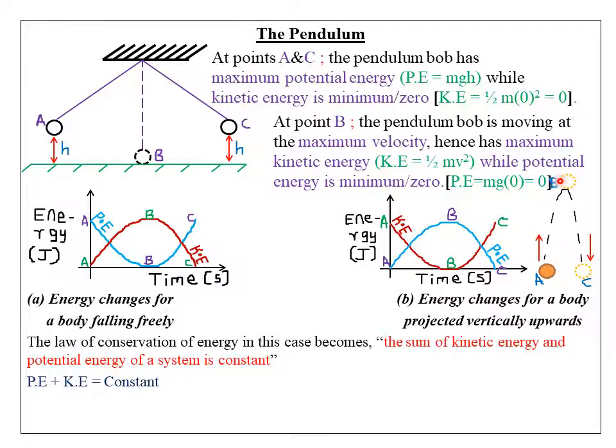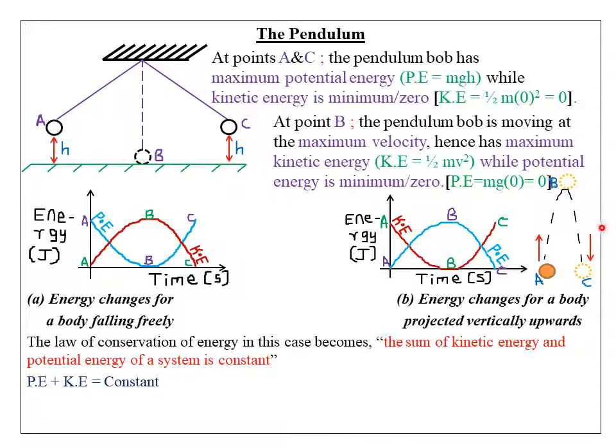However, when the body gets to point B, it is at the maximum possible height from the ground level. So when h is maximum, potential energy also becomes maximum. You can see as the body moves to point B, the potential energy becomes maximum because the body is at the maximum height from the ground level. Therefore, mgh will give you the maximum possible value.